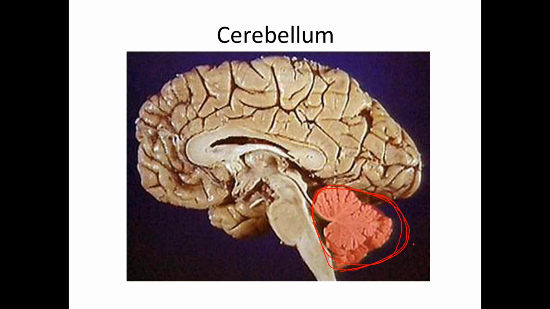If it's damaged, people don't move so smoothly or as coordinatedly as other people. So we know that smooth, coordinated movements are the responsibility of this structure. We also know that the cerebellum hardwires those movements. So imagine that you're learning to play the guitar.